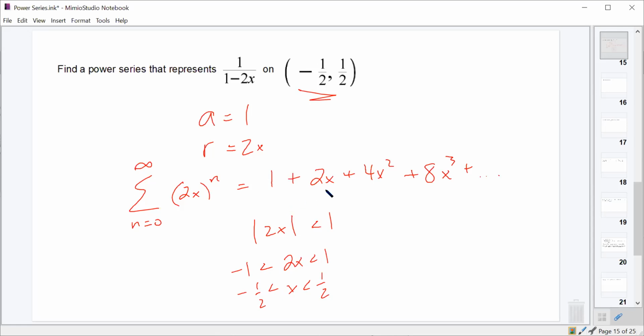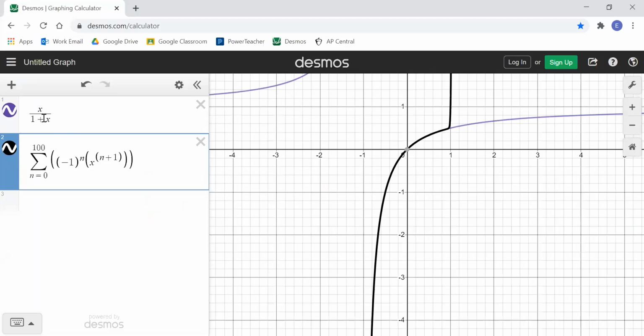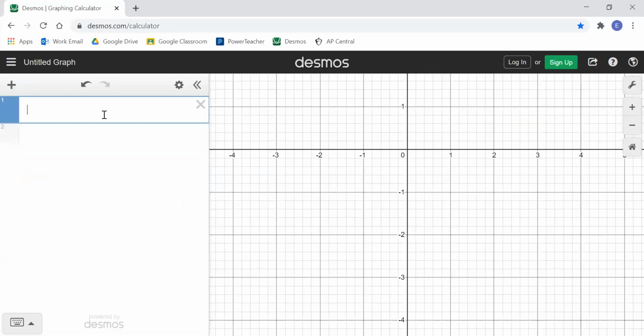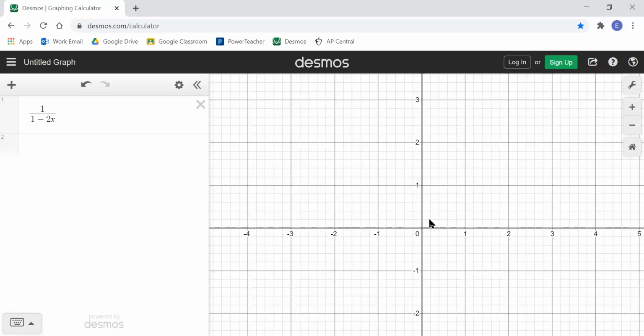This series, 1 plus 2x plus 4x squared plus 8x cubed, and so on, should look just like 1 over 1 minus 2x, but only on this now condensed interval of convergence. Still centered at 0, but now it's a smaller interval in which it converges. There's 1 over 1 minus 2x.